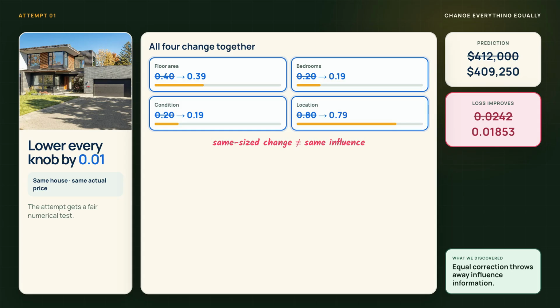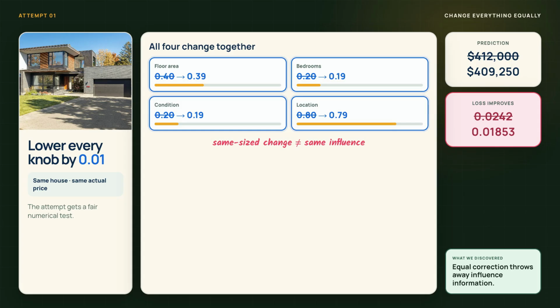The prediction falls from 4.12 to 4.0925. In real prices, about $409,250. The loss falls from 0.0242 to about 0.01853. So equal change was not nonsense.